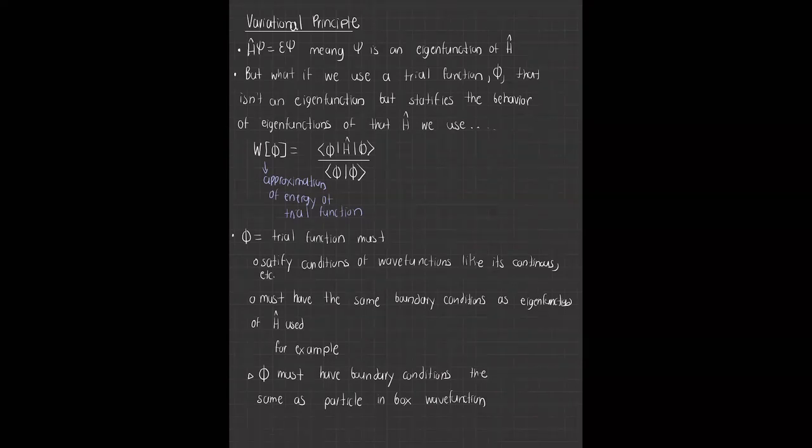It has to have the same boundary conditions, I'm pretty sure, and it has to follow the rules of a wave function. So it has to do stuff like, as it approaches let's say 0, order boundary conditions, or it has to be continuous.